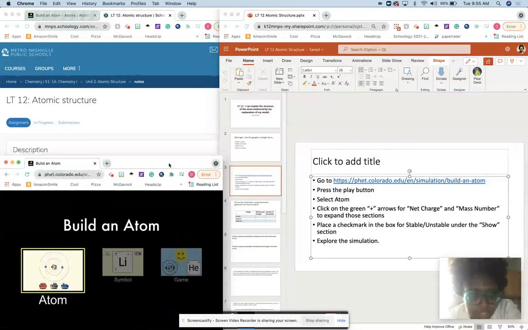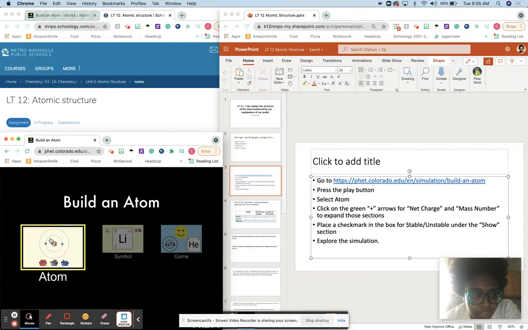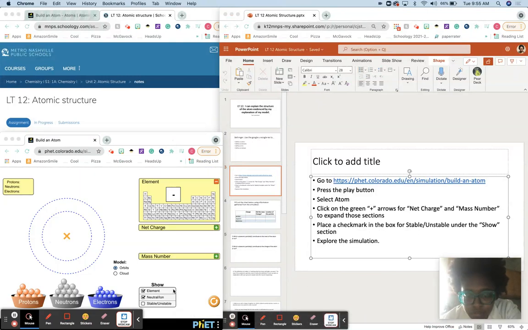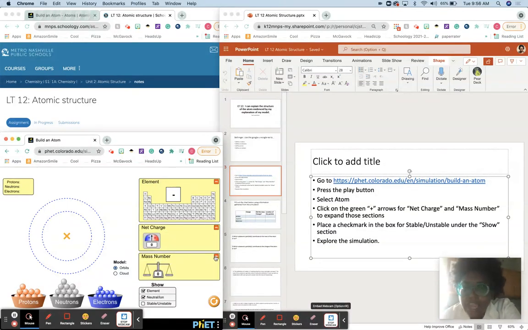So do you see how it says atom right there? We're going to click atom. All right, and now let's see what we're going to do. It says click the green plus arrows by net charge and by mass number. Perfect. And it says place a check mark in the box for stable, unstable in the show selection. Perfect. And let's explore.